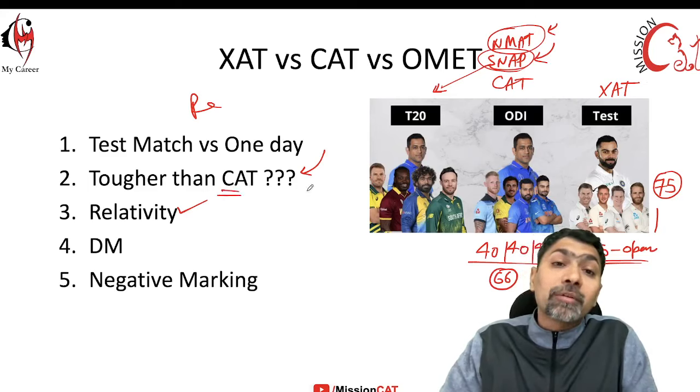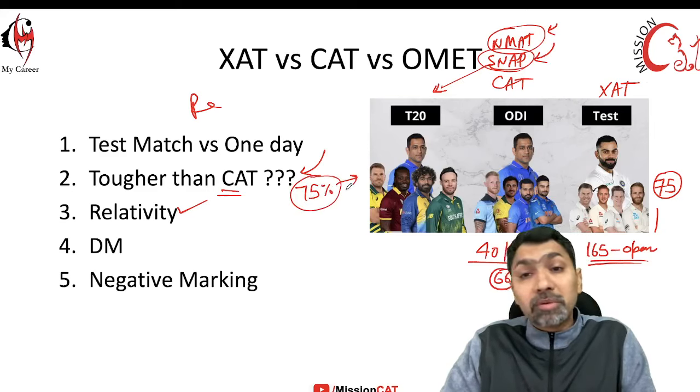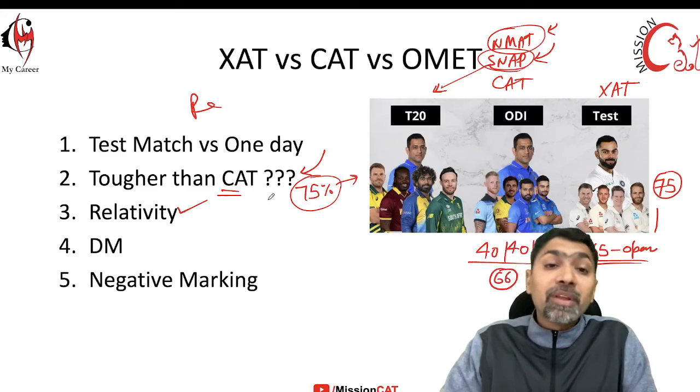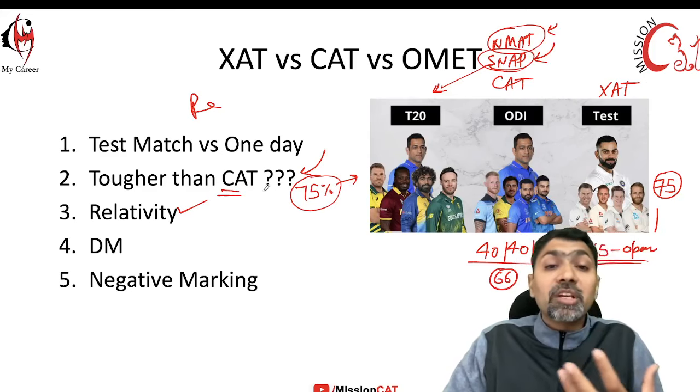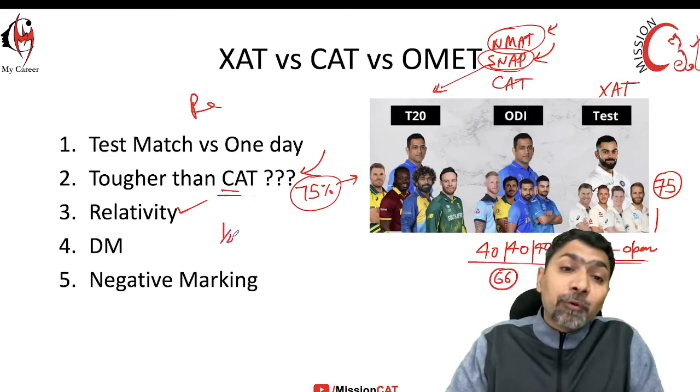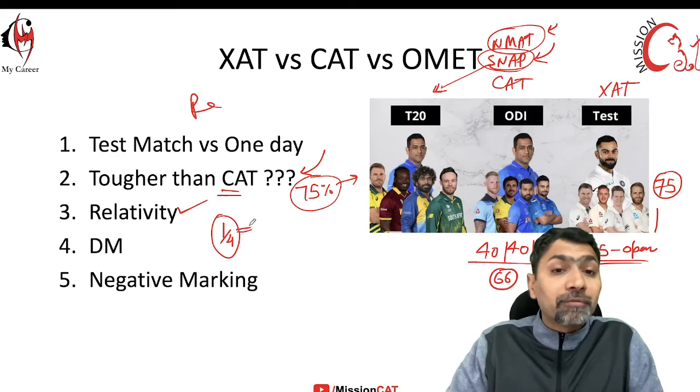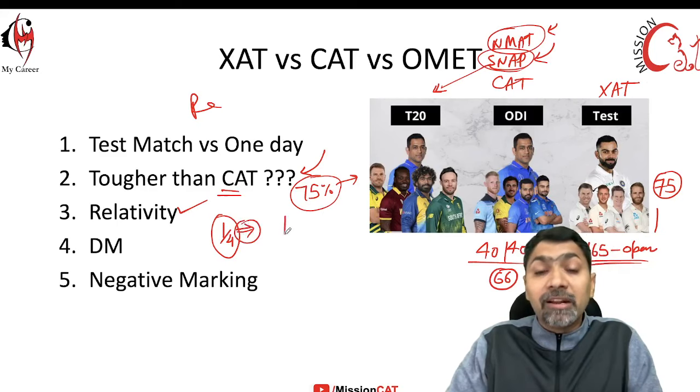See, what is the use of getting 75% marks in your examination if you're not able to get into the best institute? Whereas in CAT, just a quarter of the marks will get you into a good college, and a third will get you into the top colleges.